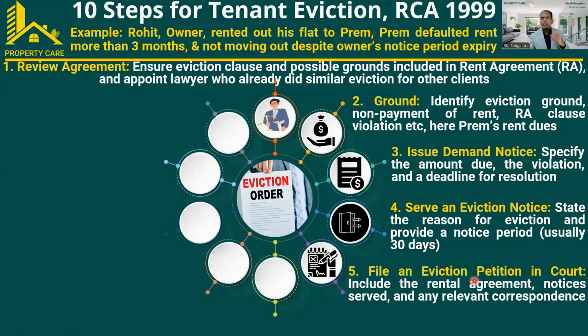Then file an eviction petition in the court. Include the rental agreement, notices served, and any relevant correspondence. So the eviction notice is served to the tenant, and if they are still not ready to move out or settle the dues, and the 30 days are also over, now the owner has to file a petition in the rent control court with the rent agreement copy, the notices served, like the demand notice and eviction notice, and any relevant correspondence.